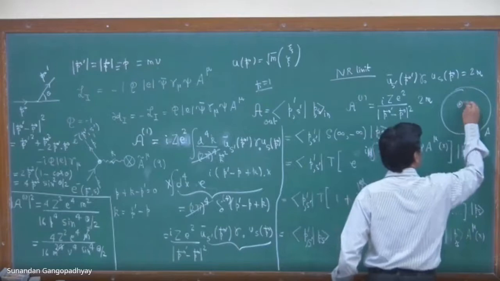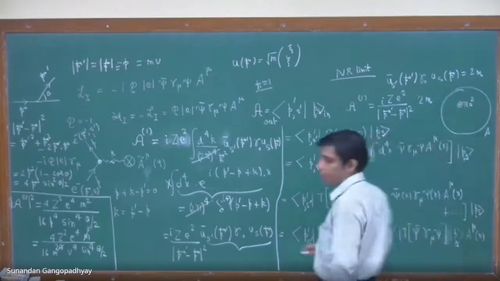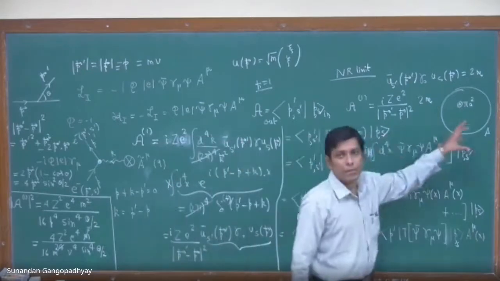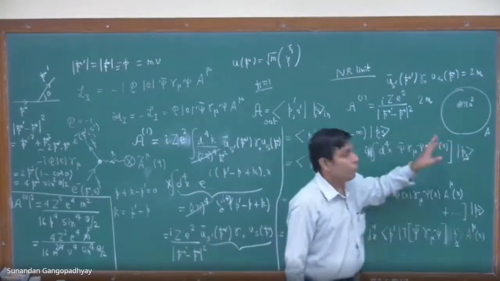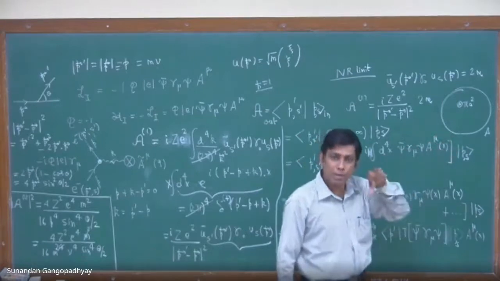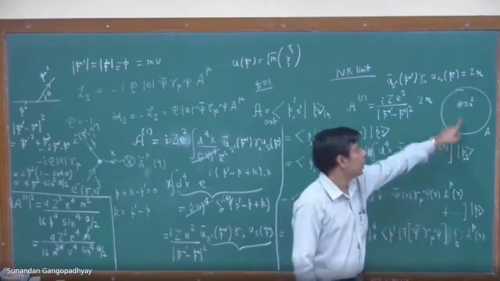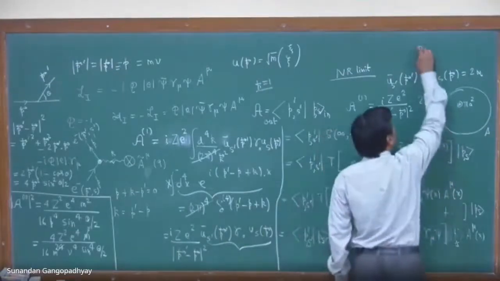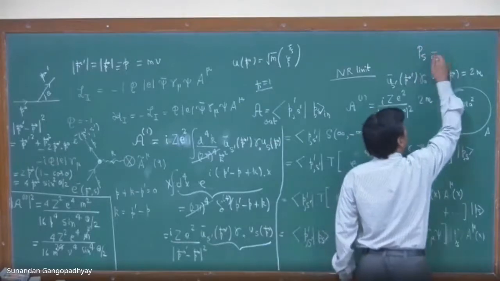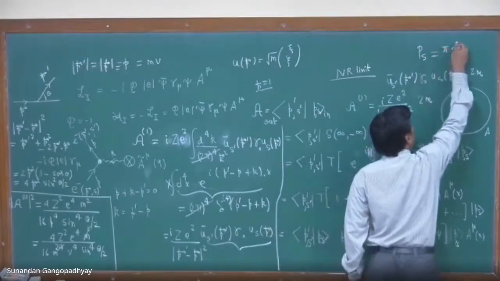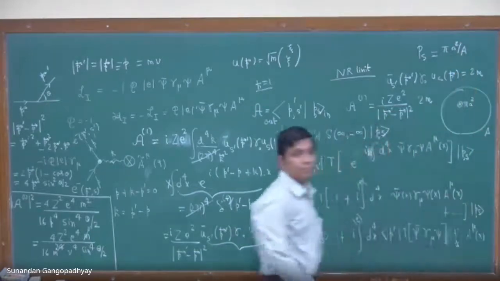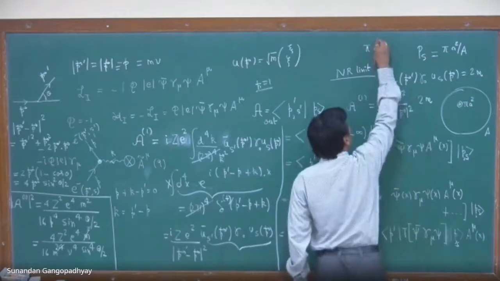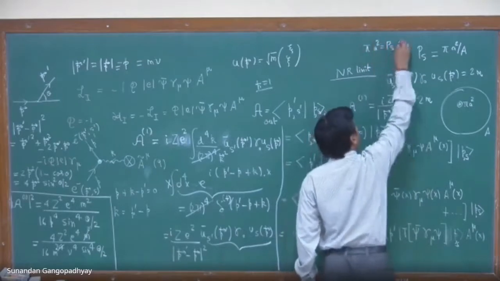Radius is small a, so this area is pi a square. And suppose you are throwing some sphere from outside. What is the probability that the sphere you are throwing from outside will hit this sphere? The probability of this scattering event is very simple to calculate. It's pi a square by capital A, right?